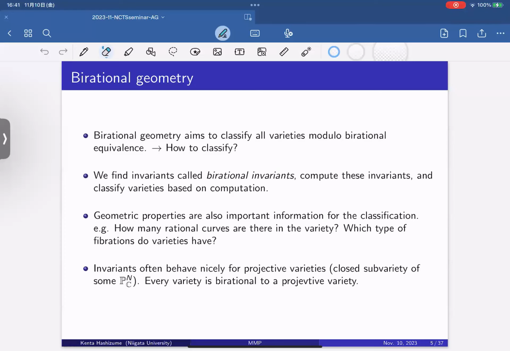So in general, we often deal with projective varieties. Here, a projective variety is a closed subvariety embedded in projective space.